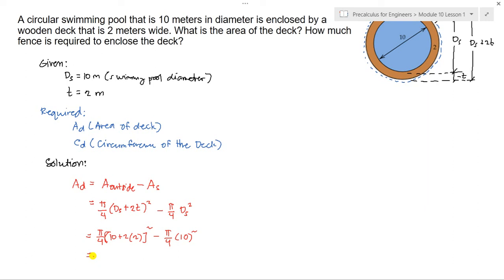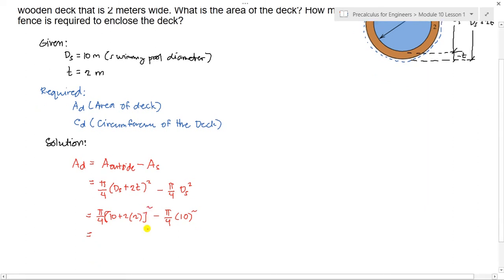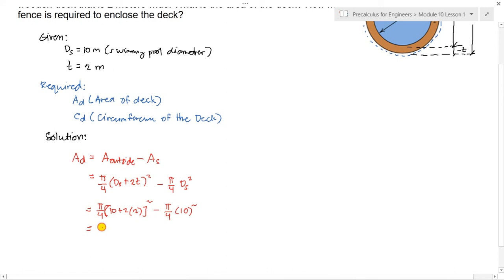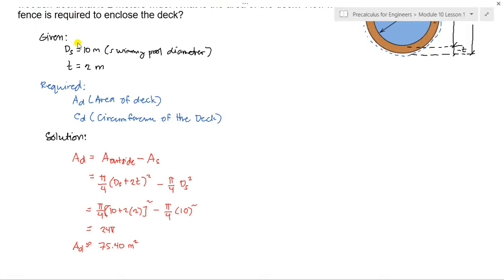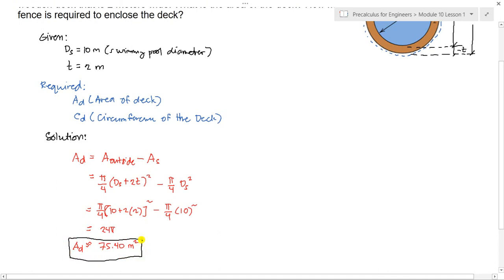So the answer here is 24 pi. So the area of the deck is 24 pi, or approximately equal to 75.40 square meters. So mao ni siya ang area sa deck, kanang wooden deck nga nakapalibot sa swimming pool. Mao ni siya ang first nga requirement.